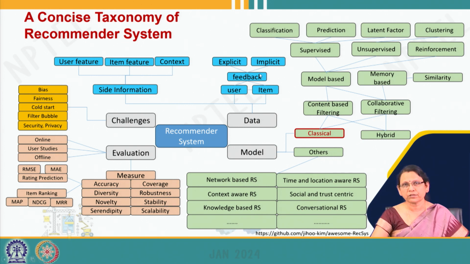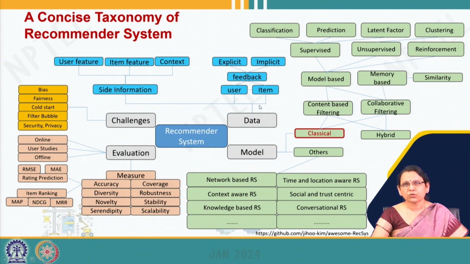This feedback is basically the feedback of the user on the item in terms of a certain rating. Besides this, looking at the user's behavior, feedback can be generated, and this is called implicit feedback. Next comes the side information like user features, item features, and the various contexts in which the recommendation is being generated. Those are some of the other data that is also required.